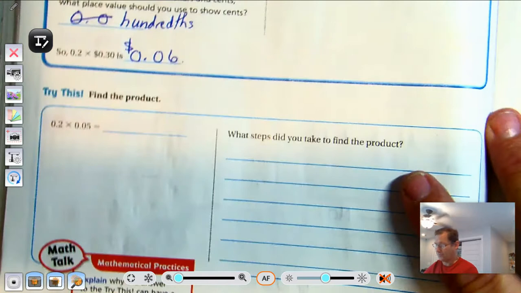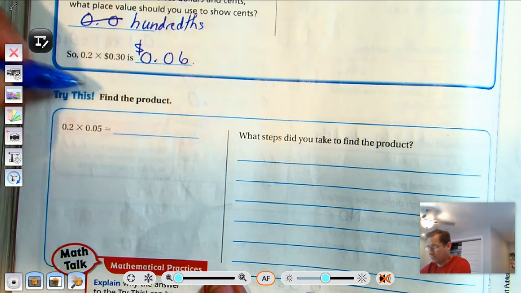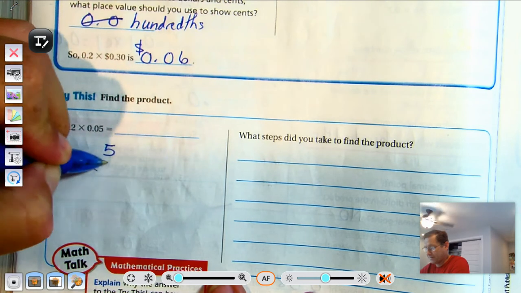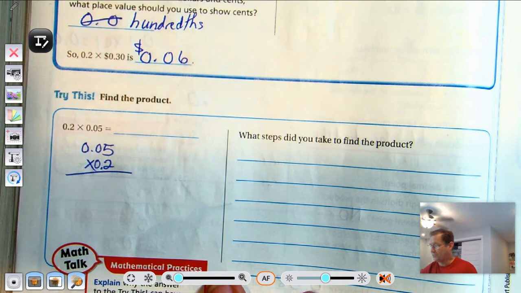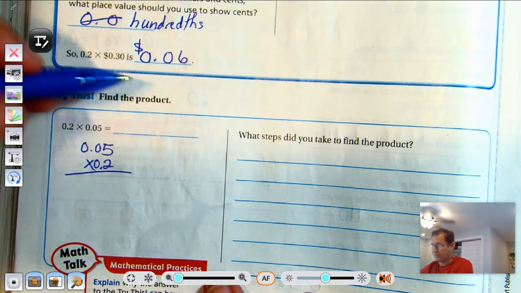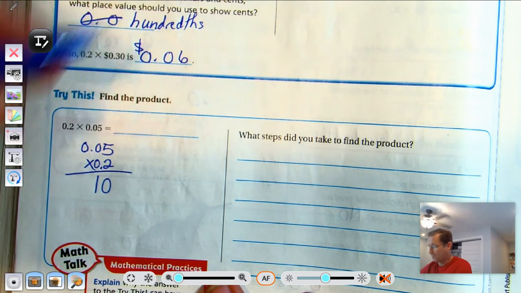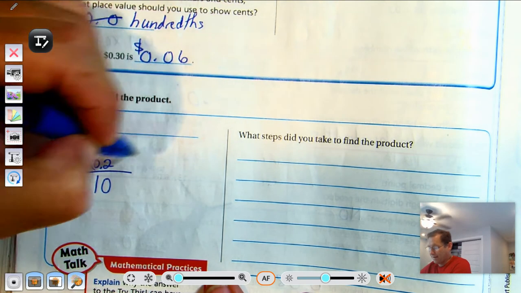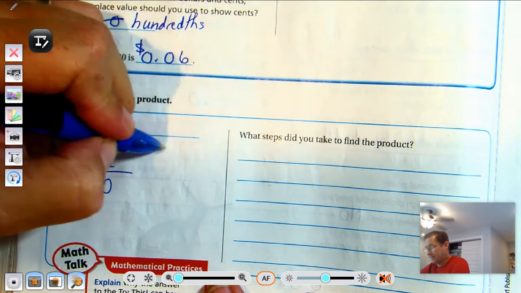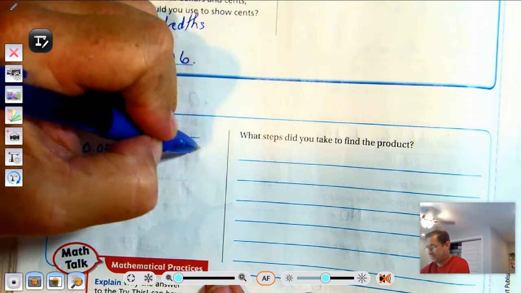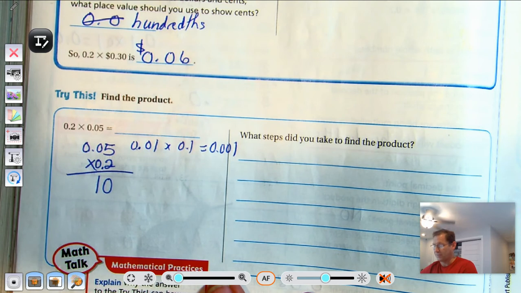All right, let's go on to try this one. So we have 2/10 times 5 hundredths. Well, we're just going to multiply 5 times 2. Okay, treat it as if it was whole numbers, 5 times 2. So we get 10. And we have hundredths times tenths, so our final product would be in the thousandths.